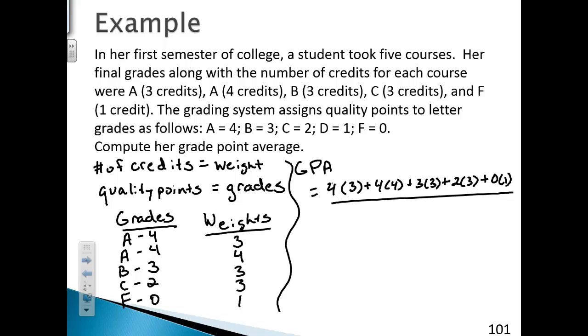And then we would divide by the total weight. And adding those together, we get 14. Using our calculator, we can work that out, and we will get 43 over 14, which is equal to 3.07.